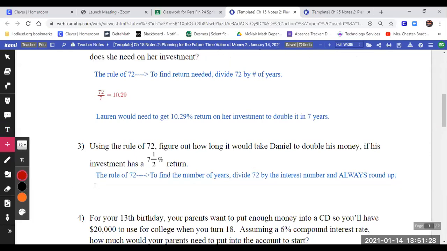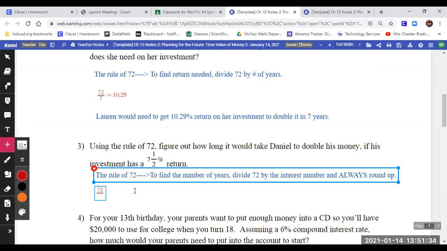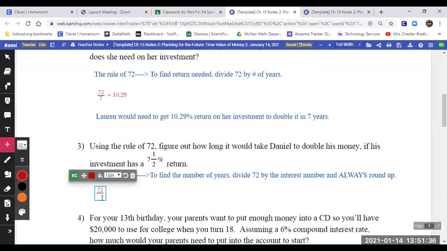So we're getting our equation editor. We're doing 72 divided by. Now, how can we write 7.5 so we don't have a fraction inside a fraction? Because we don't want to have a fraction inside a fraction. That's ugly. So how can I rewrite 7.5 so it's not a fraction anymore?